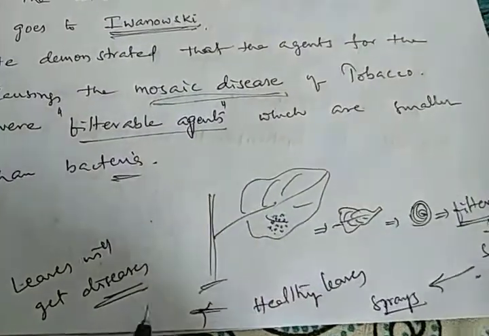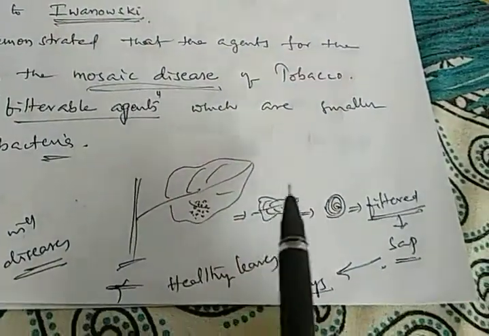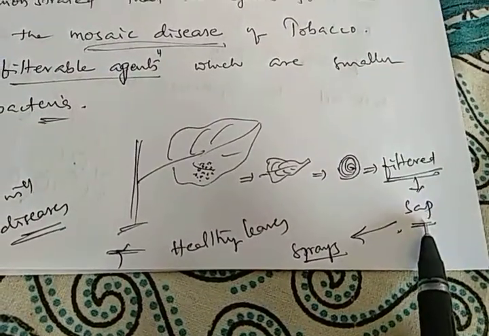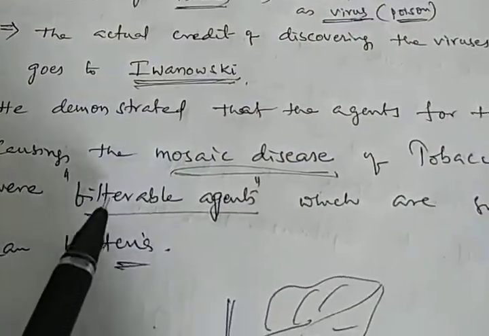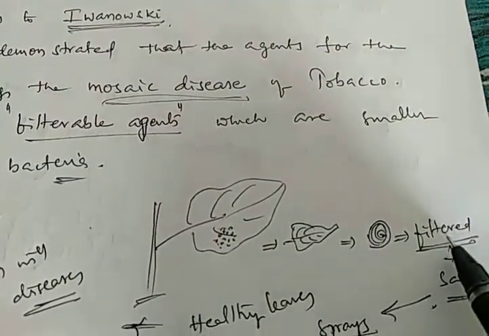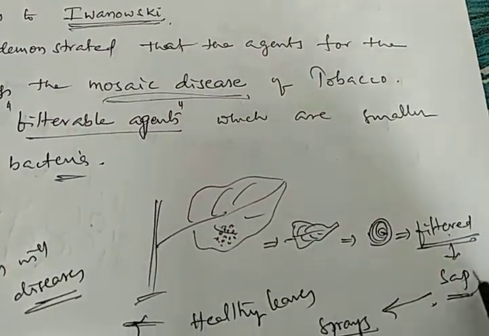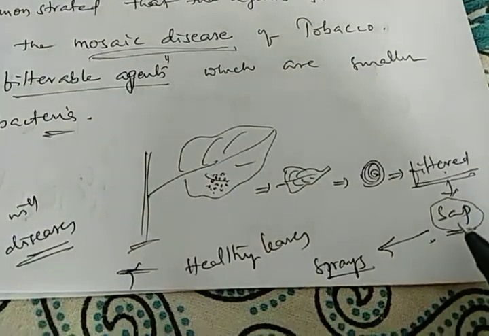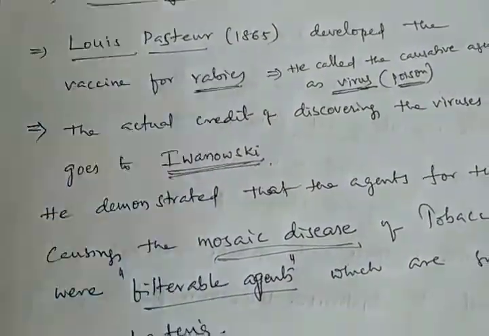That's why he concluded that the disease-causing agents were in liquid form, and that they are filterable agents. Even after filtration, the sap contained the disease-causing agents. So this experiment was carried out by Ivanovsky.